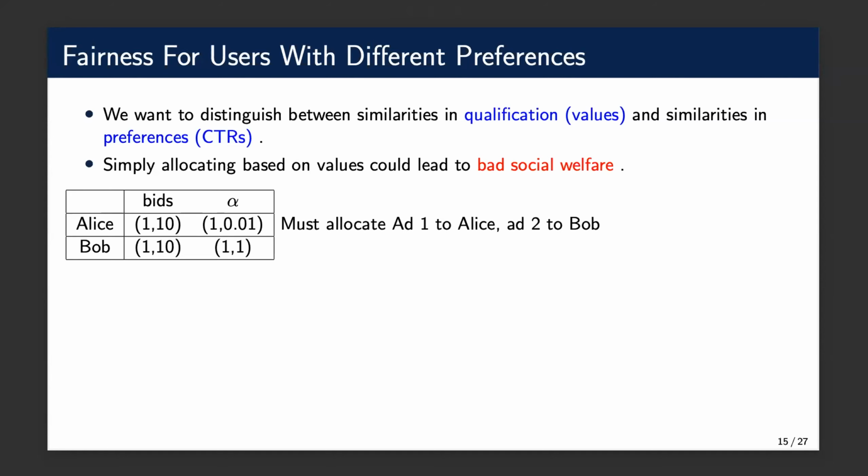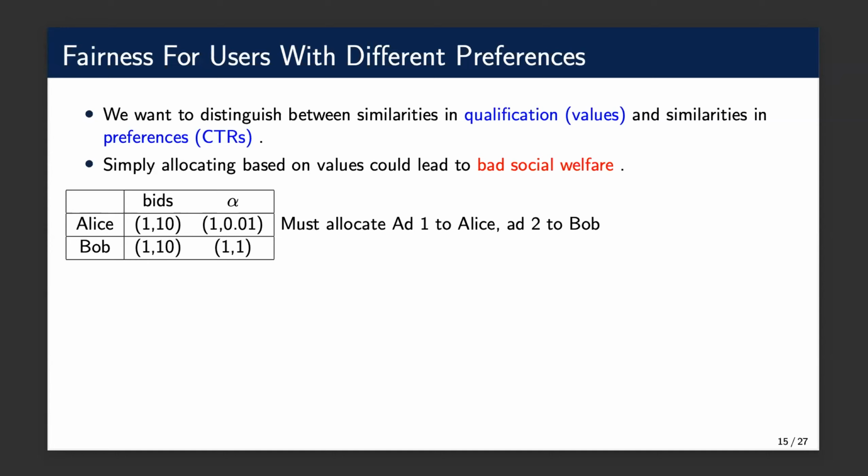So to motivate our definition, let's take a look at this example. Let's say there are two users, Alice and Bob, and two advertisers, 1 and 2. The value of advertiser 1 for both Alice and Bob is 1, whereas the value of advertiser 2 for both Alice and Bob is 10. So this means that the users are identical to the advertisers. However, the users see advertisers differently.